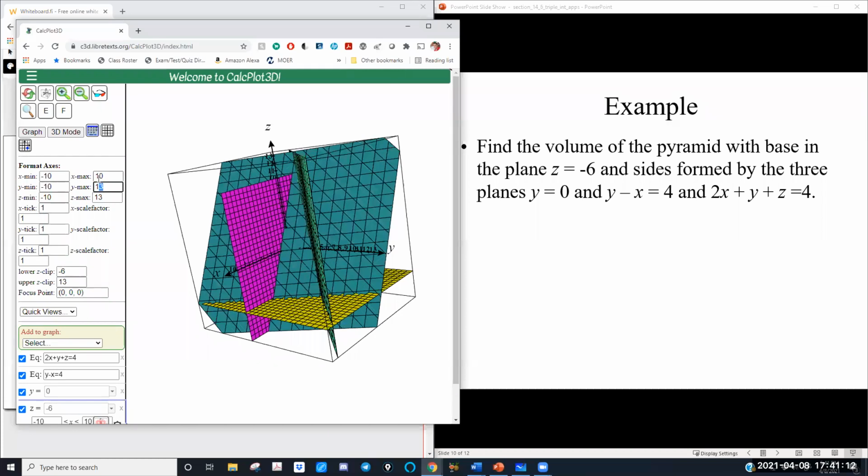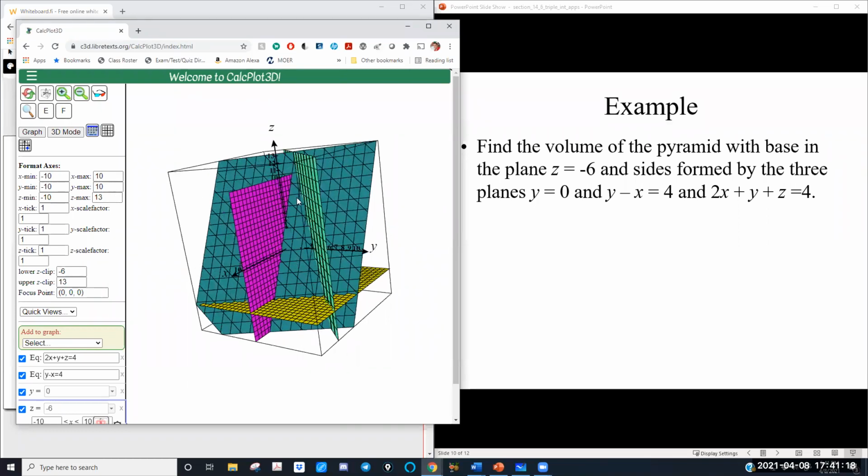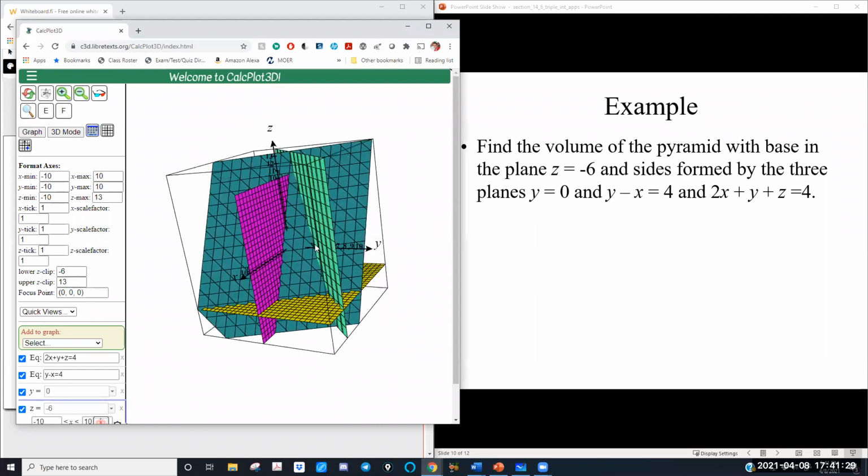Remember, a plane extends in all directions, so this is going to keep going up, because that's what forms the top of our pyramid here. I'm not too worried about that, because if this purple plane keeps going up, you can see where we're getting the tip of our pyramid, our triangular prism.